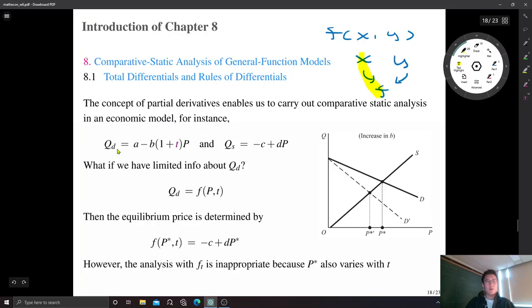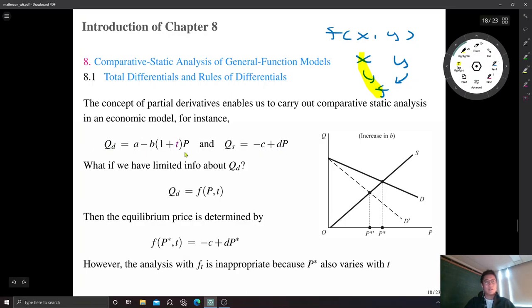For example, we have a demand curve and a supply curve. That is an example of a market model. But in contrast with the previous market model, where we take a look at two separate markets at the same time, this model describes just one market. So this is a partial equilibrium analysis.